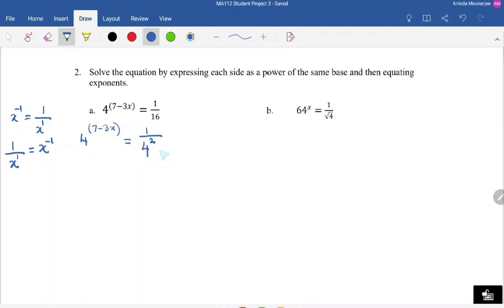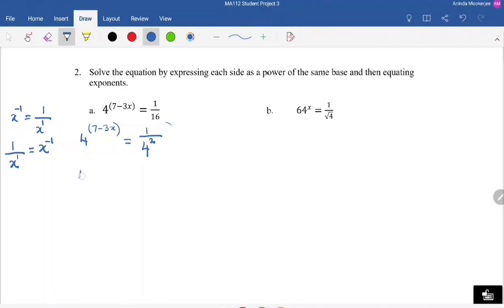So we have to rewrite the exponent with a negative exponent, and that will make sure that 4 squared moves to the numerator.